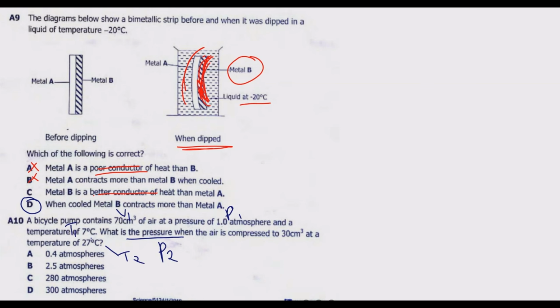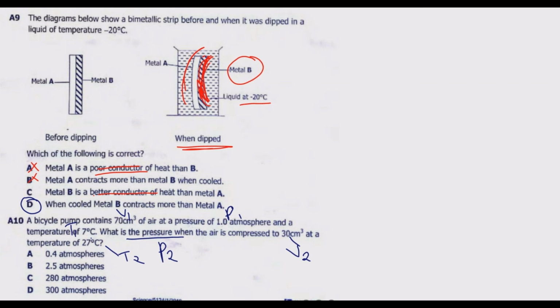So how can we answer this question? Then we also have this volume 2. We can answer this question using the combined gas law, which combines Boyle's law, Charles' law, and the gas law itself.